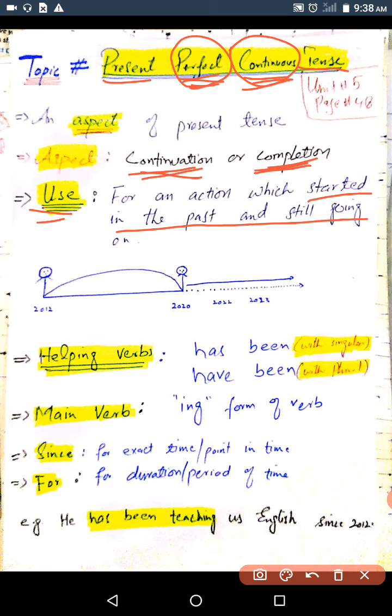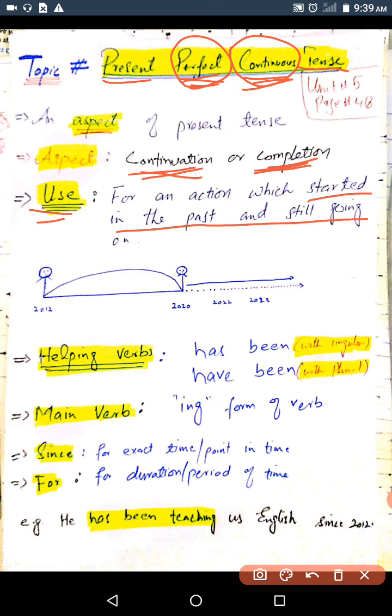The uses of tenses are very important. Most of the time students know the rules of tenses, how to make the sentences, which form of verb will be used, which helping verb will be used with a singular subject, which will be used with a plural subject, etc. But if you ask them what is the use of this particular tense, what is the use of past indefinite tense or future perfect continuous tense, then they get confused.